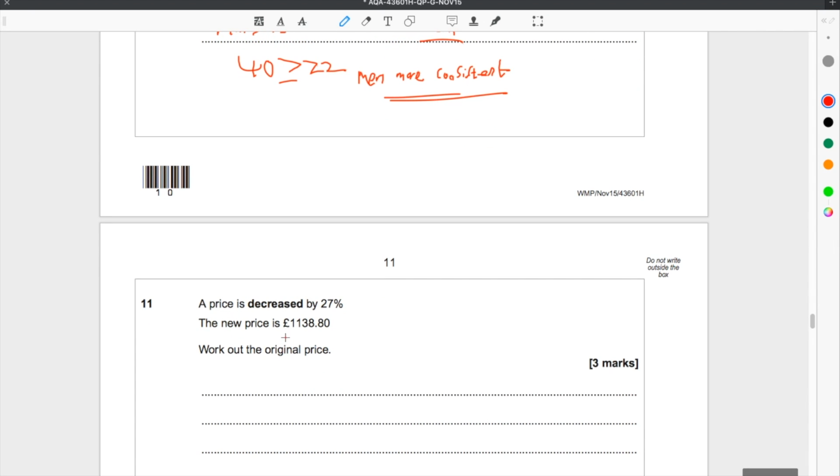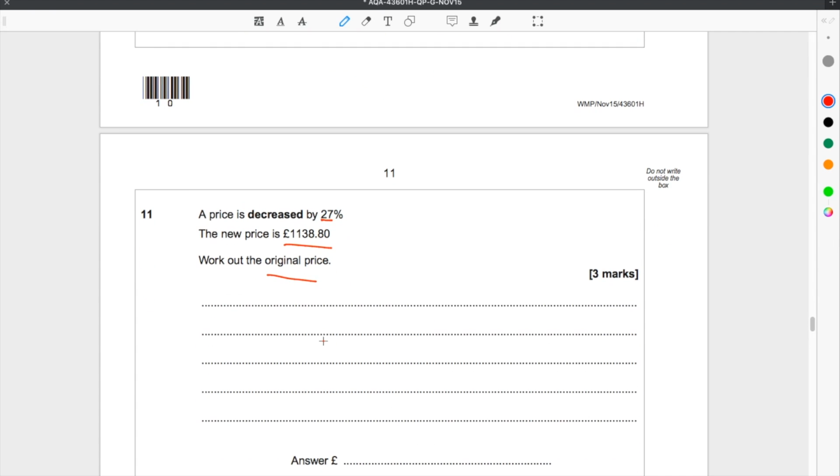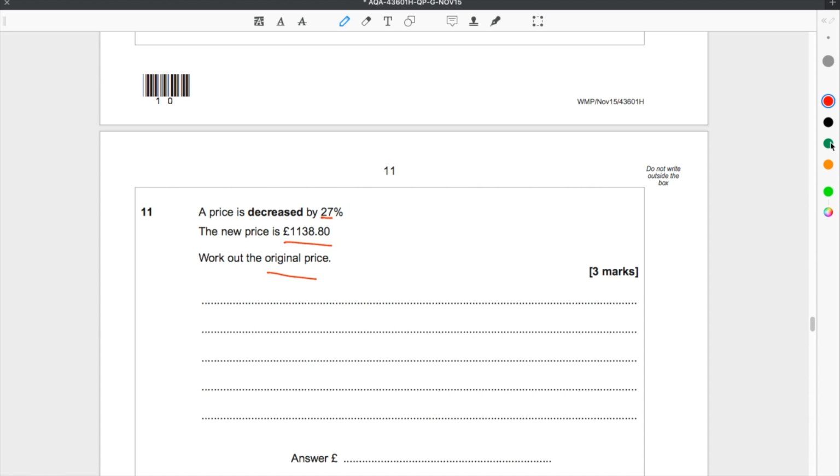Now looking at question 11, a price is decreased by 27%. The new price is £1,138.80. Work out the original price. So we have a 27% decrease. So what we need to work out is what have we multiplied our original value by to give us this new price.